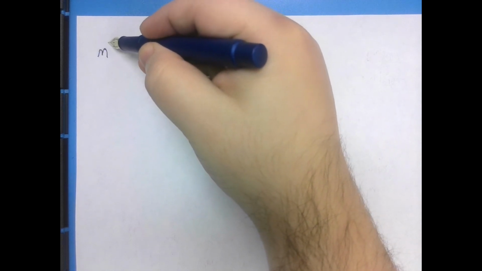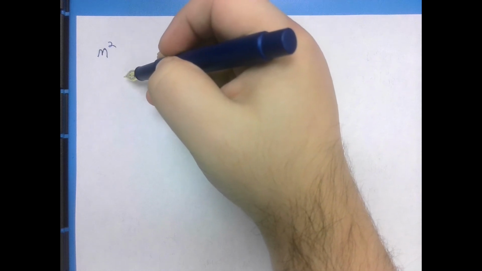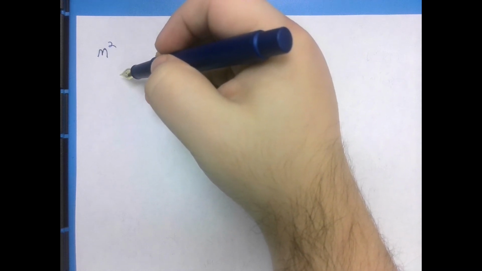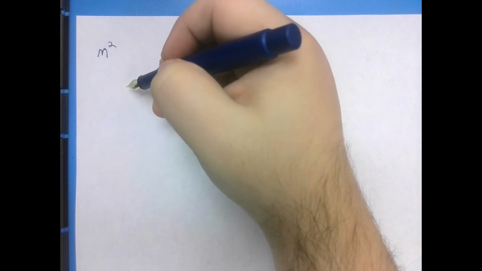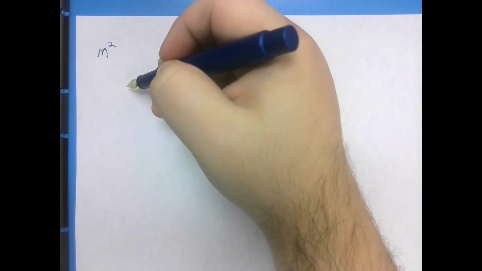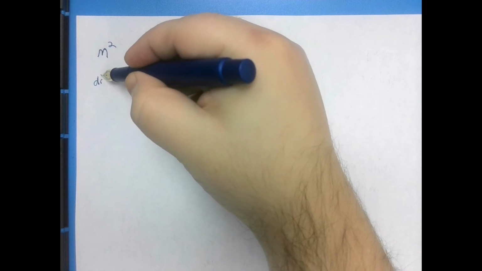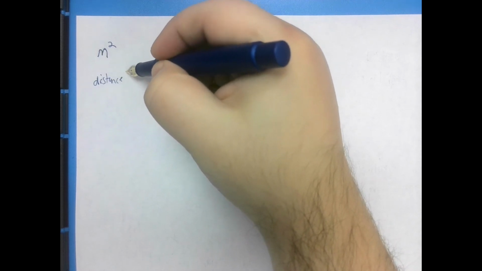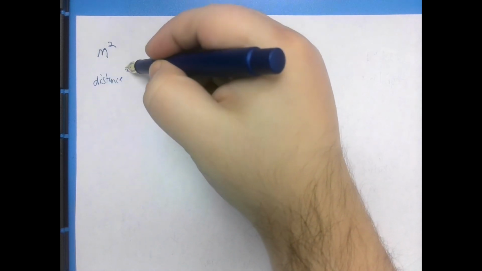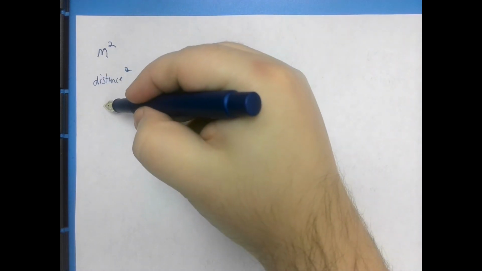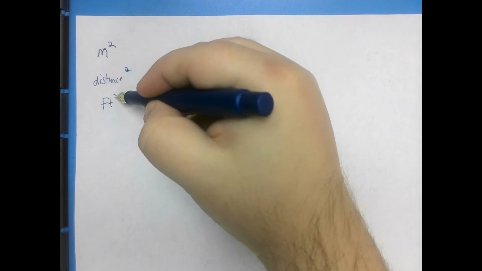What's a meter squared a unit of? Meter squared. What's that a unit of? So it's distance squared. Let's think about square feet. What's square feet?